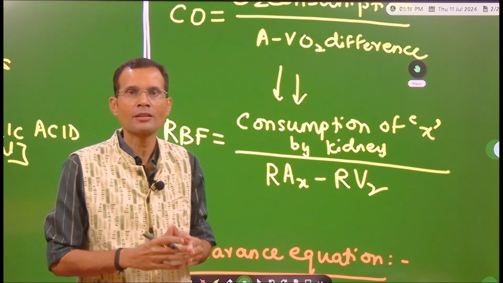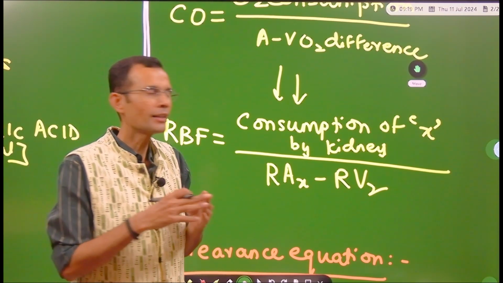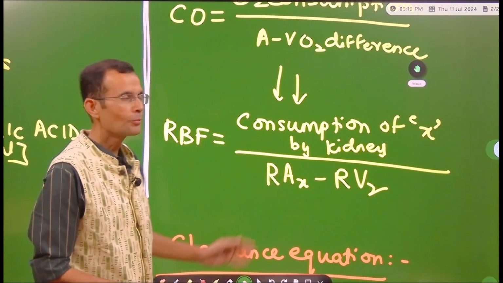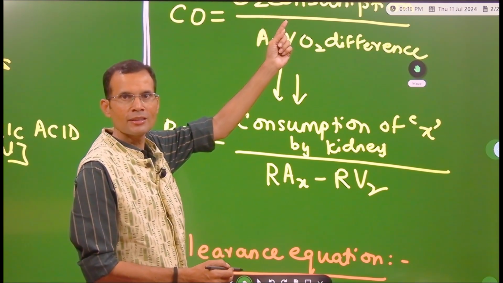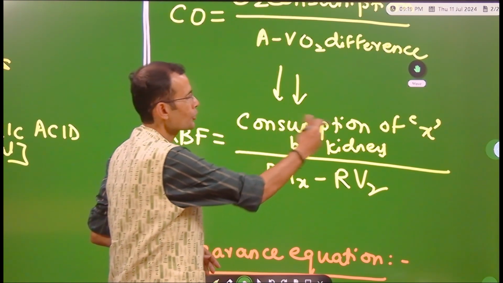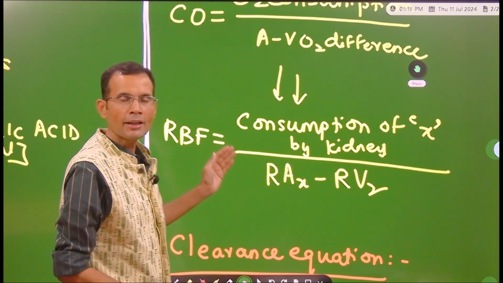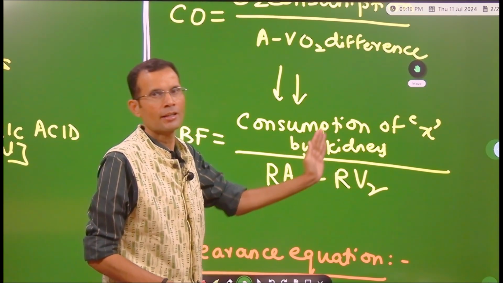That substance X may be injected, and then the renal blood flow is equal to, instead of oxygen consumption in the numerator, we have consumption of X by the kidney upon arteriovenous difference of X in the kidney.